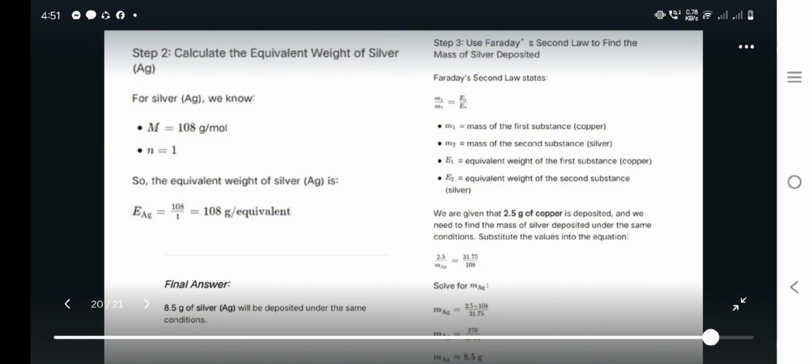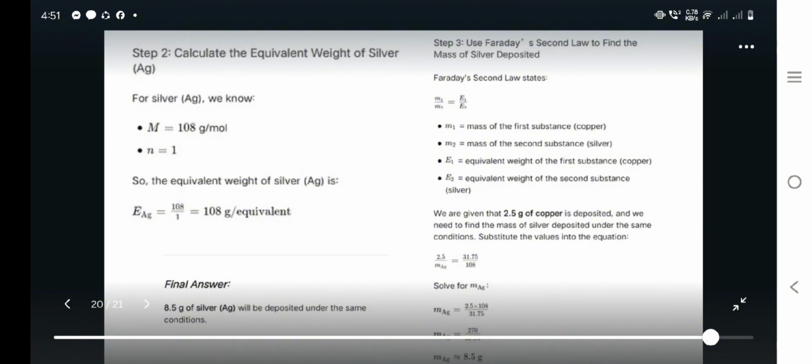So for the silver, the molar mass is 108 grams per mole and the valency is 1. So 1 lang yung kakayahan niya na mag-loss ng electron. So the equivalent weight of silver is 108 divided by 1 is equals to 108 grams per equivalent.